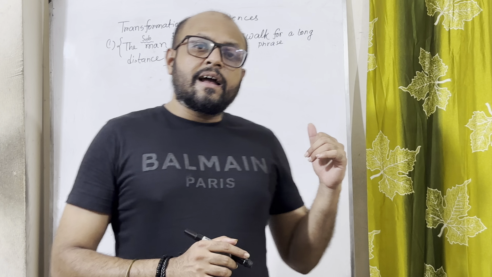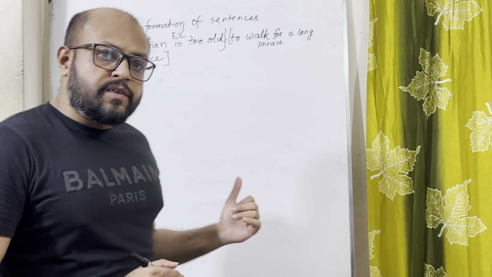Well, so in this video I will show you how we can transform a simple sentence which has too, this is an adverb and sometimes it is also known as intensifier, with an infinitive. So let's get started.